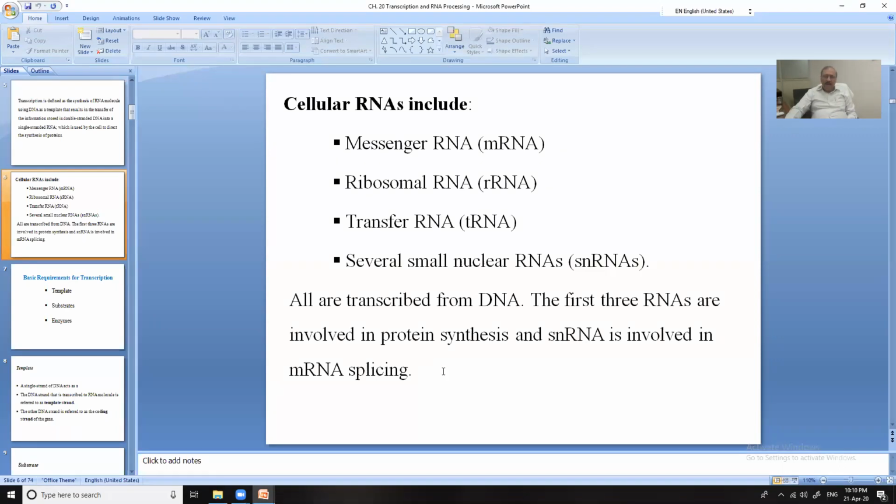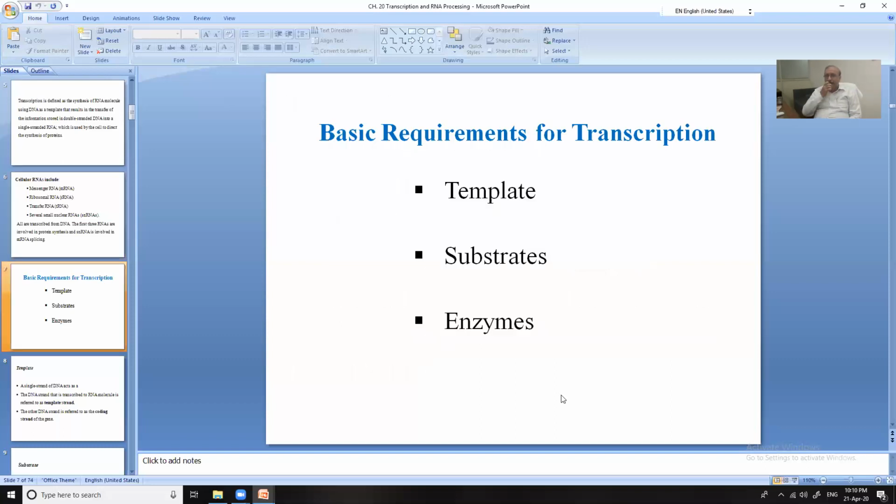Okay? RNA splicing. Actually the RNA which is formed after transcription is a primary RNA, or you can say the RNA transcript. So after splicing and after the post-transcriptional modification, it becomes full-fledged active RNA. That I will be telling you later on.